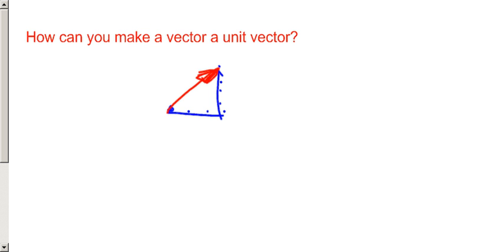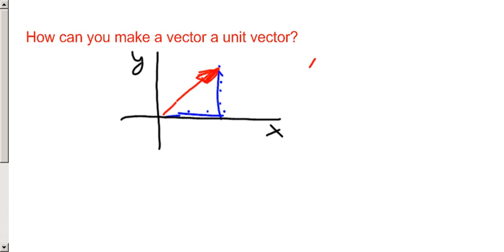Well, if we define this to be the x direction and this the y direction, then my red vector A is going to equal 3i plus 4j, because I went 3 in the x direction and 4 in the y direction.